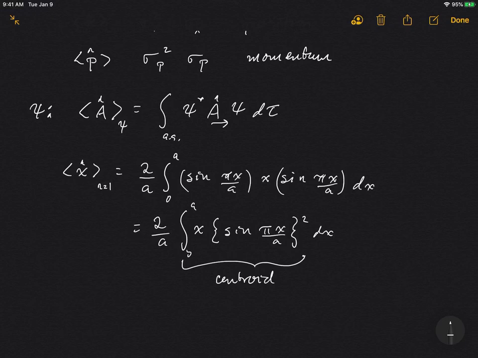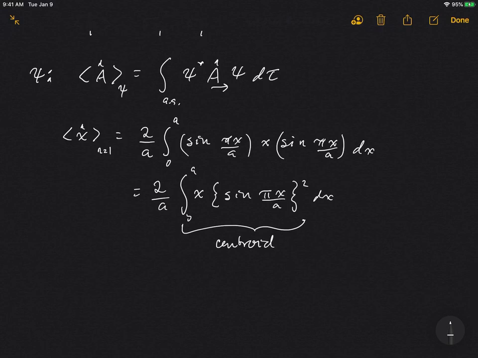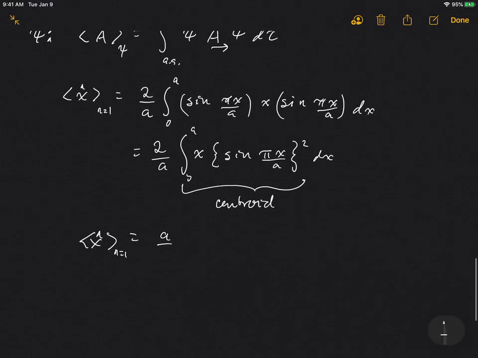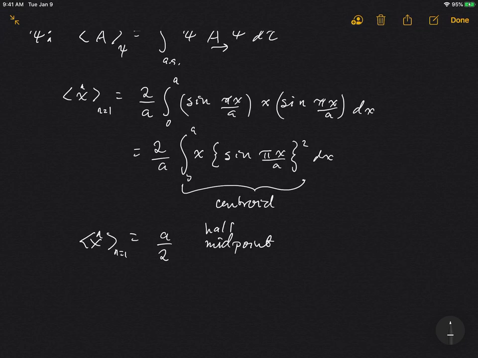So we expect that overall this integral, when you multiply it by that normalization constant that's out front, is going to give you a over 2. Now that's halfway, that's the midpoint of our box, which is what we expect, right?